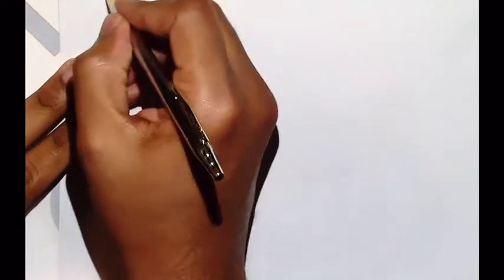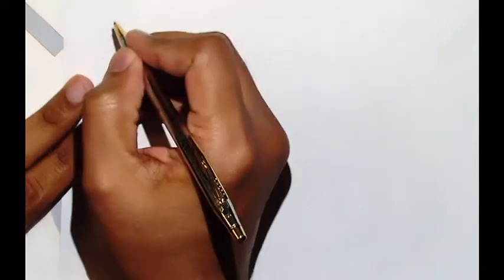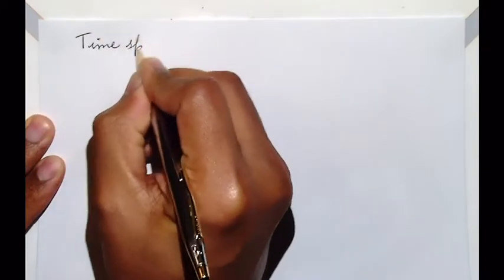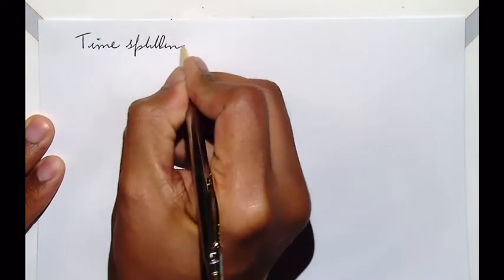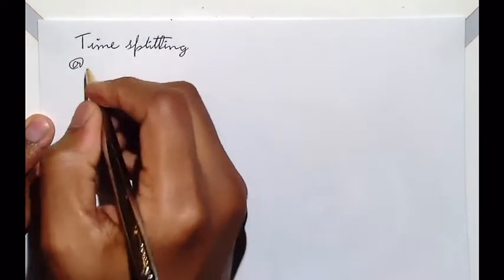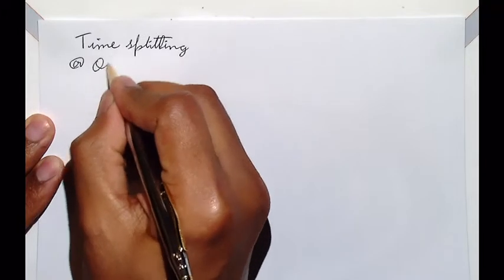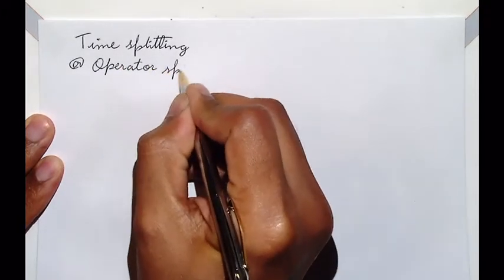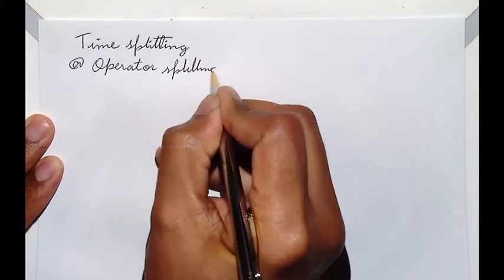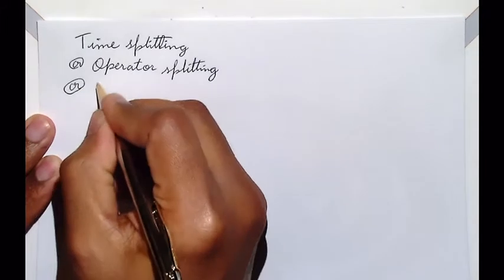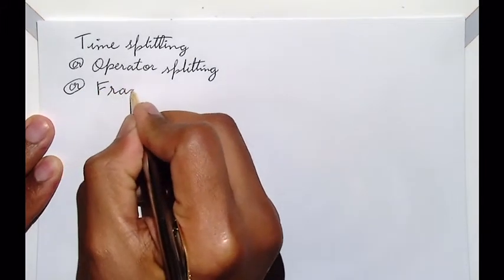So there's several names that people call this by. There's time splitting, or some places you might see it being called operator splitting. Or you might even see fractional step method.